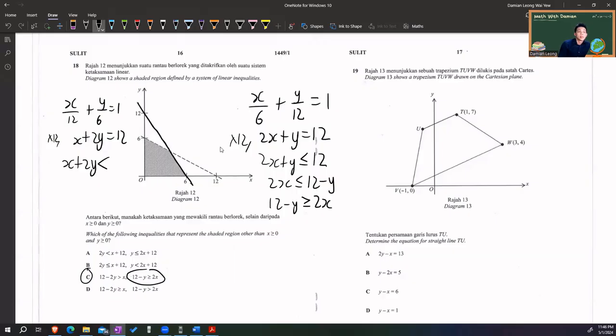Garisan ini tidak ada sama dengan sebab garisan ini bukannya garisan penuh, dia garisan bertitik. It's dotted lines. So it's just less than 12. If I compare, I can put in this form, bring over x less than 12 minus 2y, means 12 minus 2y more than x, which is correct. So it follows answer C. Okay, that's question 18.